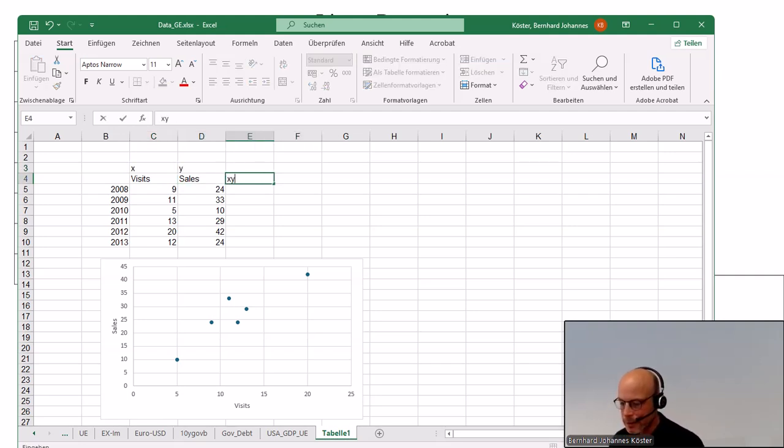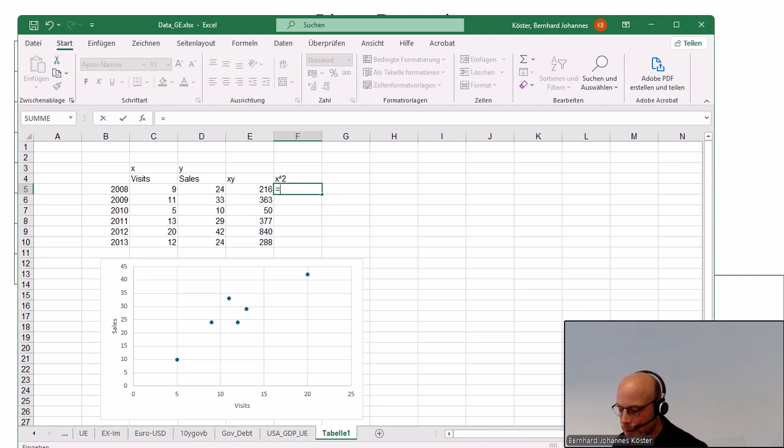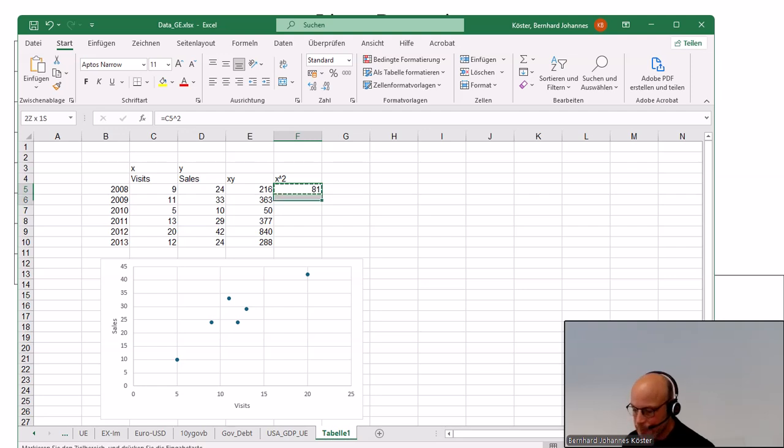Then let's calculate xy and x squared, which can of course be done directly. So we take 9 times 24, this for every pair, and also the x squared. Copying this down.